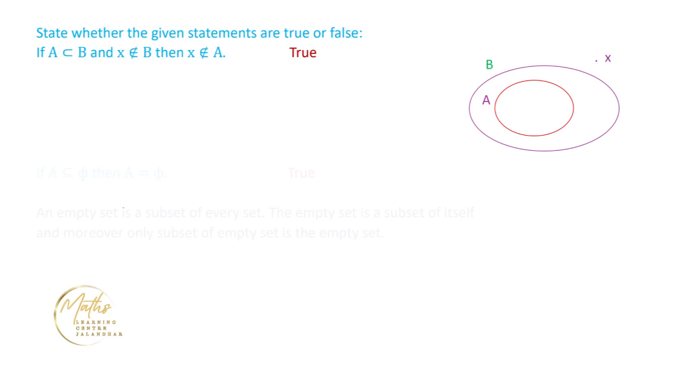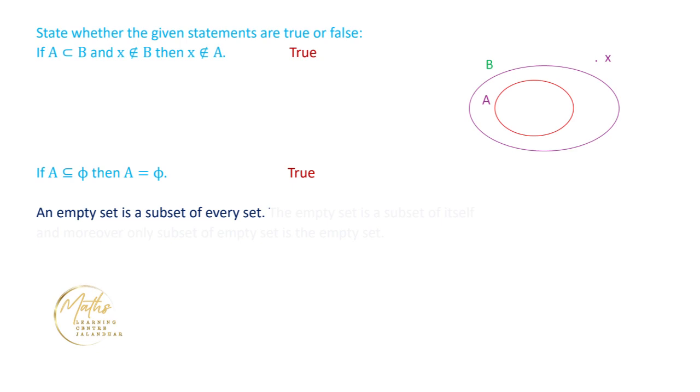The next statement we have is, if A is a subset of phi, then A is equal to phi. The proof of this statement we will give in our next slides. For now we can just understand that this statement is true. Why? Because an empty set is a subset of every set. This thing we have already seen in our previous slide, where we saw some examples.